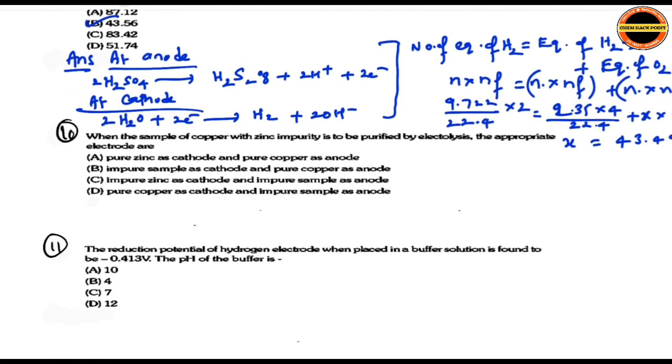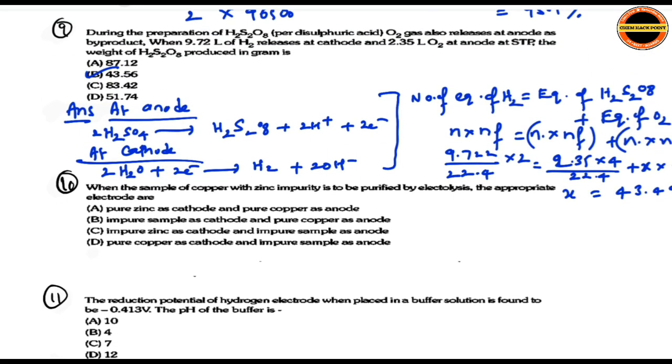Okay. Next, when a sample of copper with zinc impurity is to be purified by electrolysis, the appropriate electrodes are?